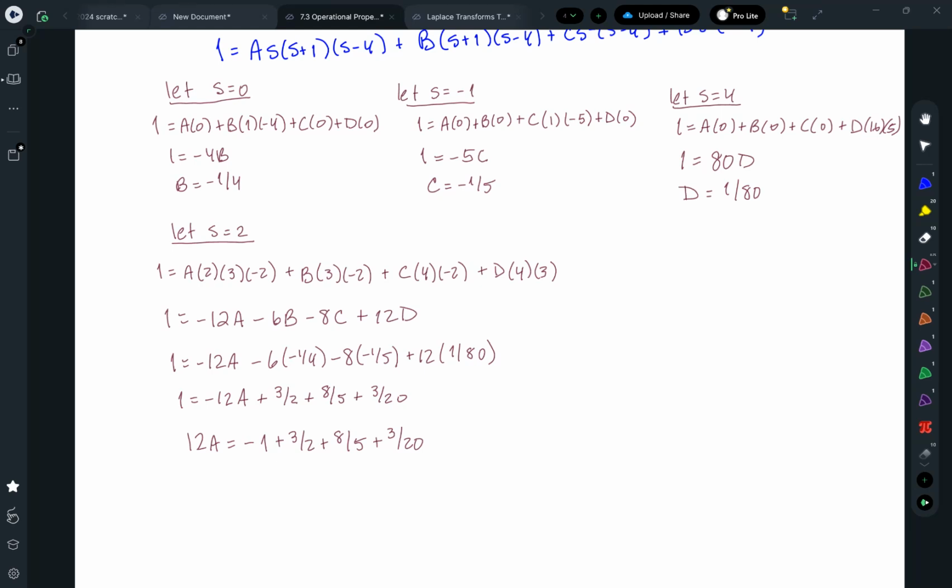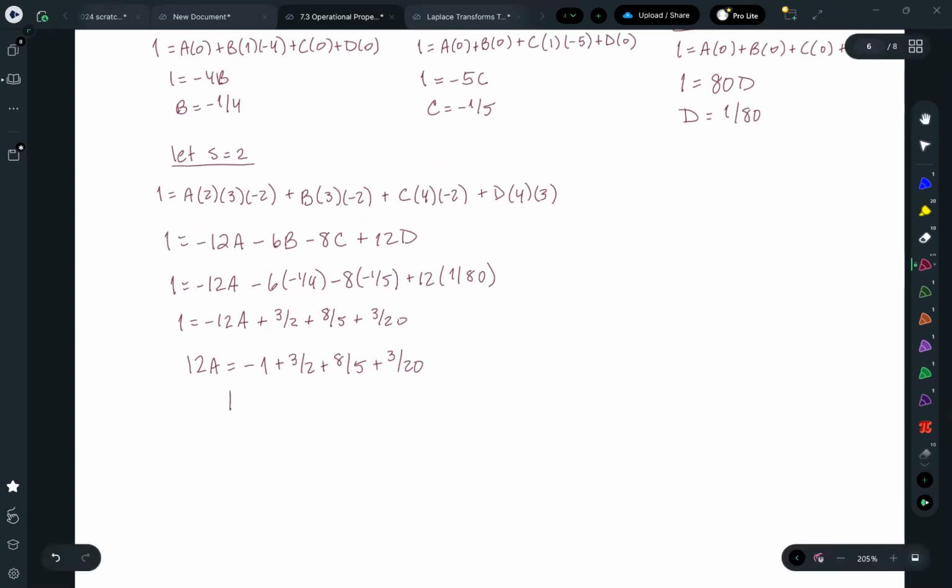I have -1 plus 3/2 plus 8 over 5 plus 3 over 20, and that gives me 12A is 9 over 4, which means A is 9 over 48. And 9 divided by 48 simplifies to be 3 over 16.